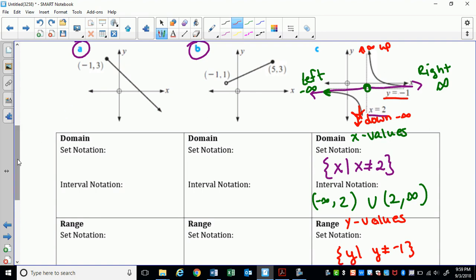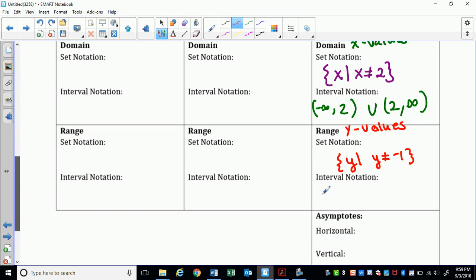Okay? So negative infinity to negative 1, parentheses, because we cannot touch those when we have an asymptote. We're never going to touch that number. And then we have a U. I put an actual U, it doesn't have that extra little line. Just like that. And then we're going to start off again at negative 1, and we're going to go on infinitely.